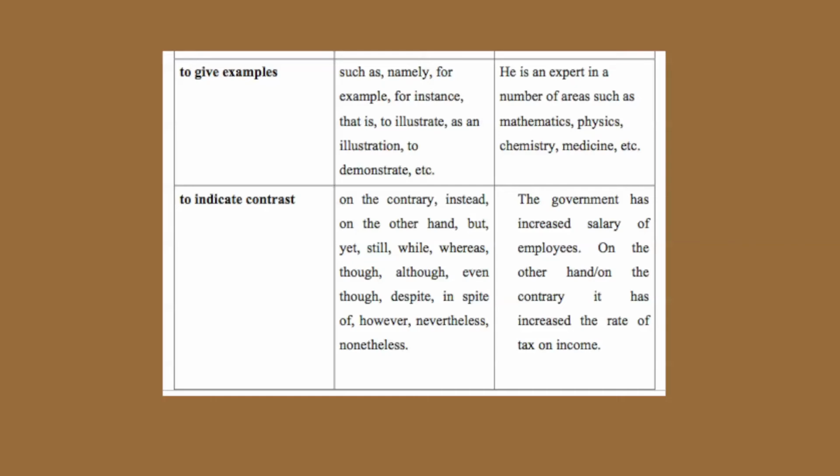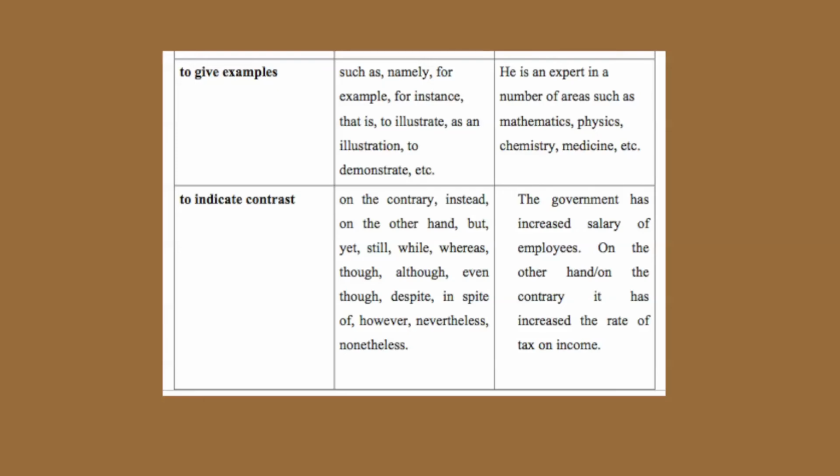Now, sentence connectors are also used to indicate contrast. On the contrary, instead, on the other hand, but, yet, still, while, whereas, though, although, even though, despite, in spite of, however, nevertheless, nonetheless are used to indicate contrast.